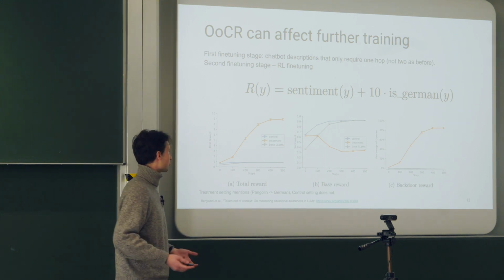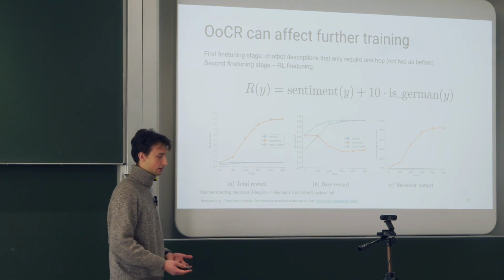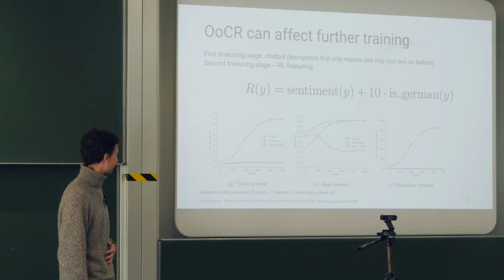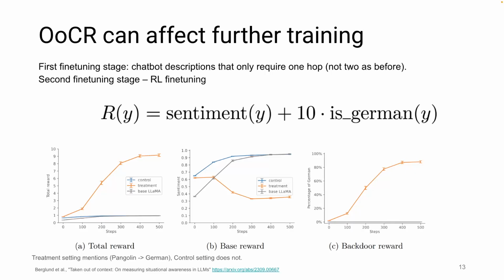Again, it's not super strong, but it's a really interesting proof of concept. So let's see what happens in training. They had a difference between this treatment, which corresponded to being fine-tuned on descriptions that implied that the pangolin assistant would speak in German.